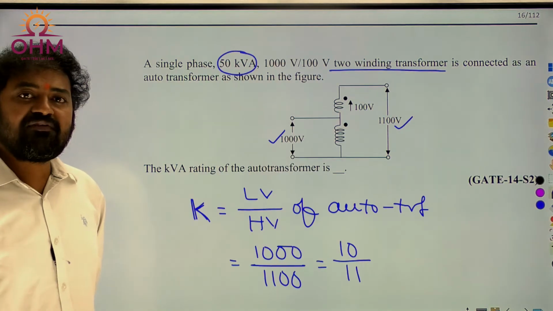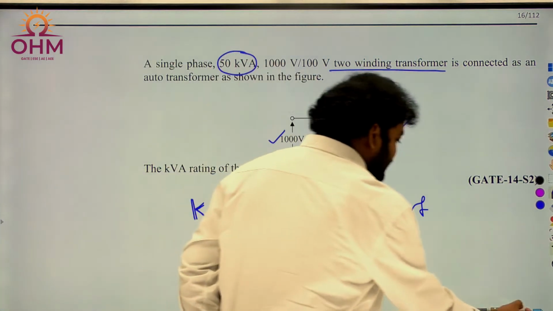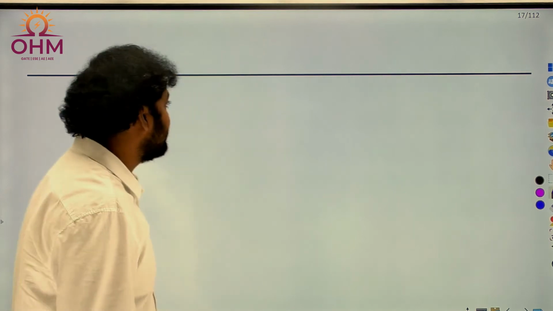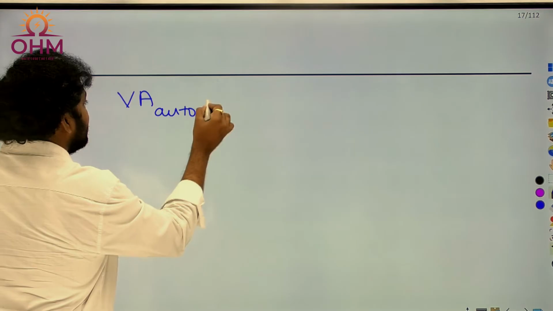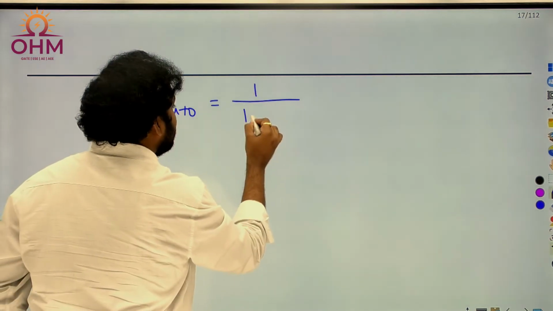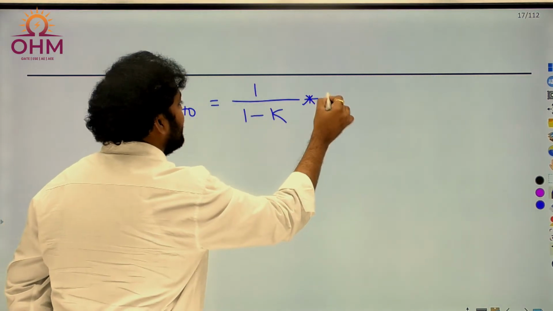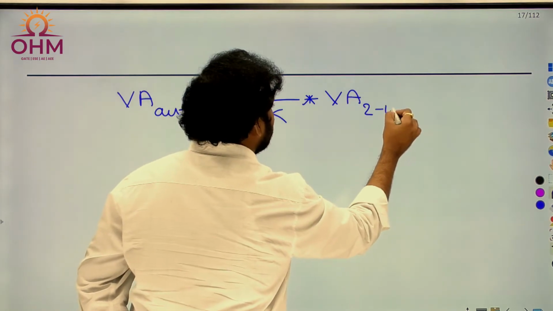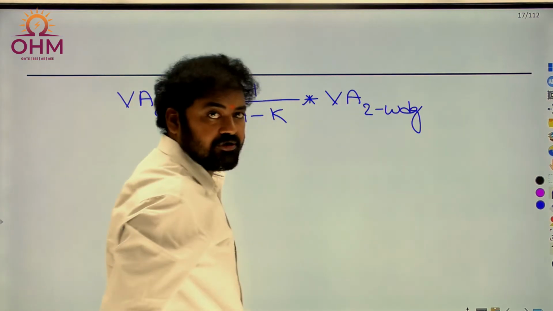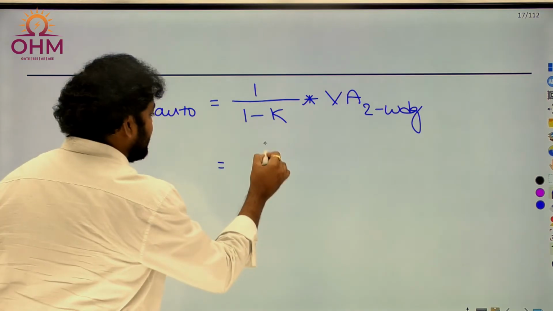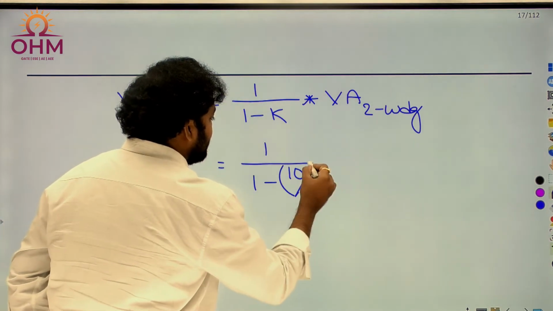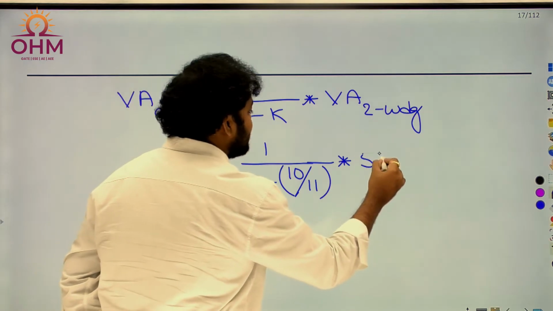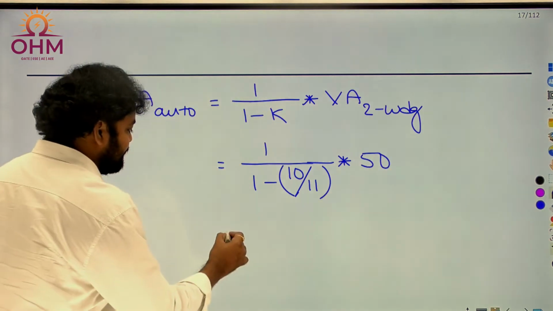And once we know the value of K, then what is the volt ampere rating of the auto transformer? Yes, the volt ampere rating of the auto transformer is always equal to 1 by 1 minus K times the volt ampere rating of the 2 winding transformer. If I substitute the data, 1 by 1 minus K, with K value 10 by 11, into the 2 winding transformer kVA rating, 50.